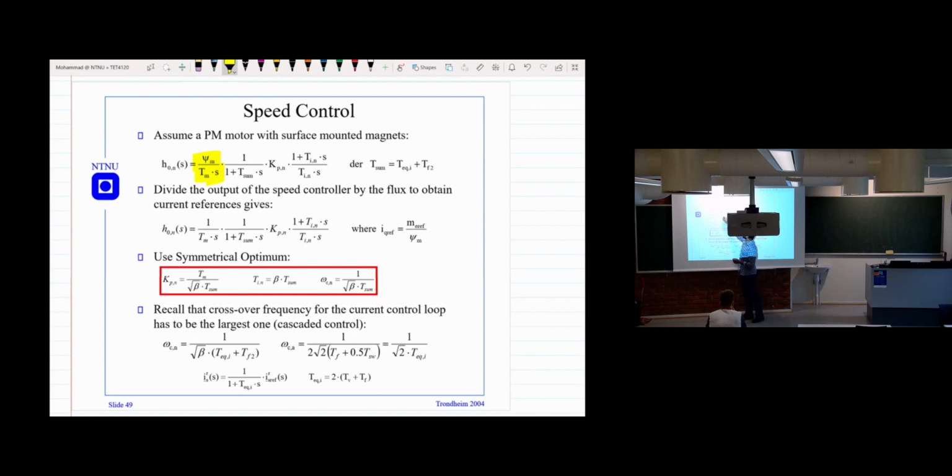So when you have this integrator, and if you remember what method we need to apply to tune the controller, it is the symmetrical optimum method. If you apply the symmetrical optimum method, then you can tune the speed controller.